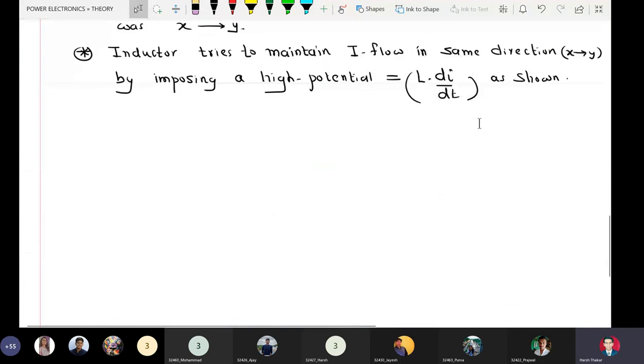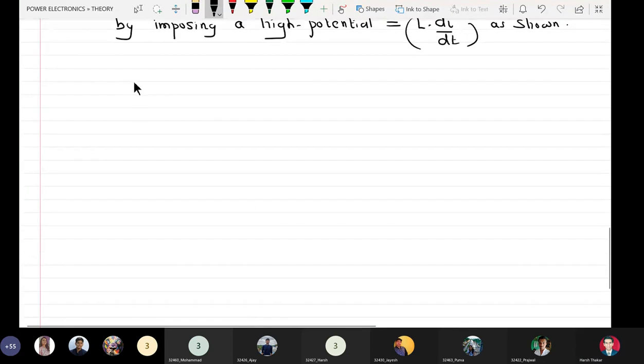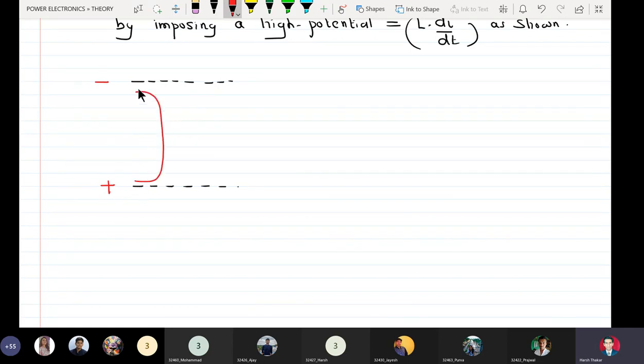Now this is what will happen. Minus, plus: the source has reversed, and the current is trying to flow like this, plus to minus. Here we have our inductor, and this inductor will now generate a potential like this, which has a value L di by dt.